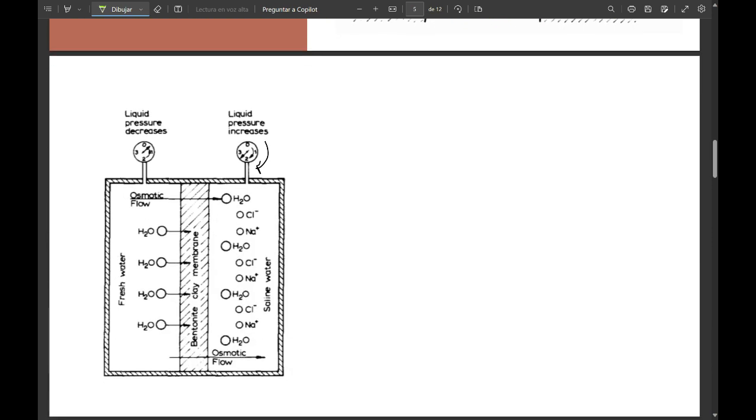So, on to the osmotic phenomena. I have this diagram or figure where osmotic pressure rises when two solutions of different concentrations, fresh water here and saline water or brine, are separated by a permeable membrane.